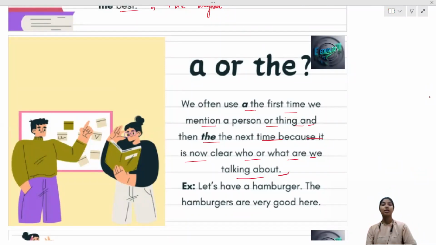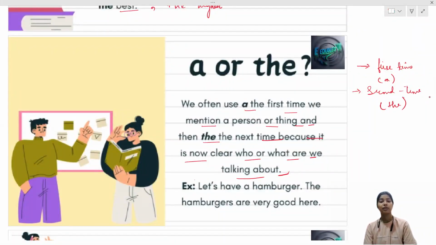In a sentence, when I'm talking about a thing for the first time, I'm going to use a. And when I talk about the thing the second time, I'm going to use the article the.